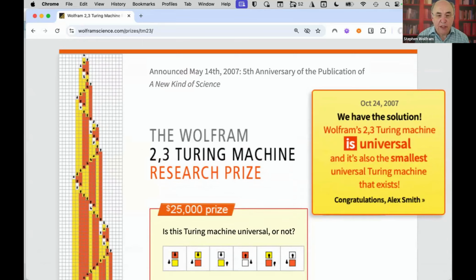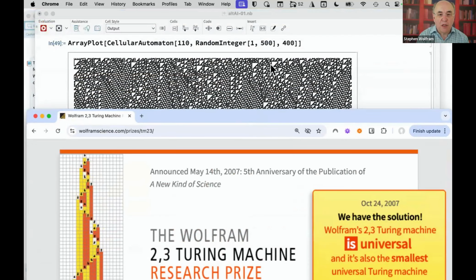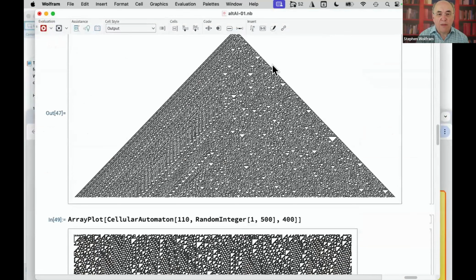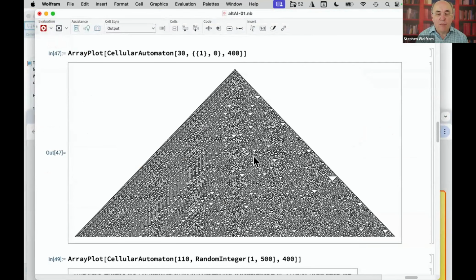Okay, how does the principle of computational equivalence relate to computational irreducibility? Well, let's say you've got one of these systems, like Rule 30 or something. The question is, how do you jump ahead of this to predict what's going to happen? Well, at some level, you as the predictor have to be computationally more sophisticated than the system itself. And what the principle of computational equivalence is telling one is that won't be the case.